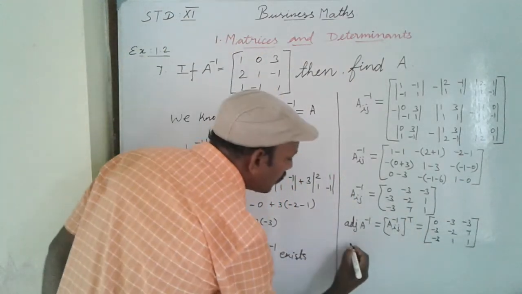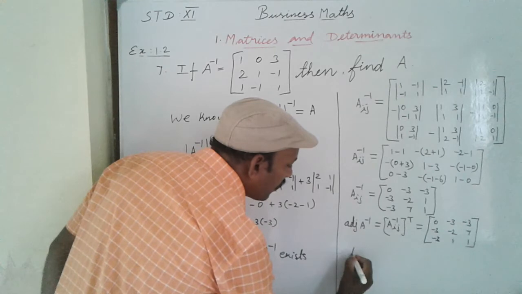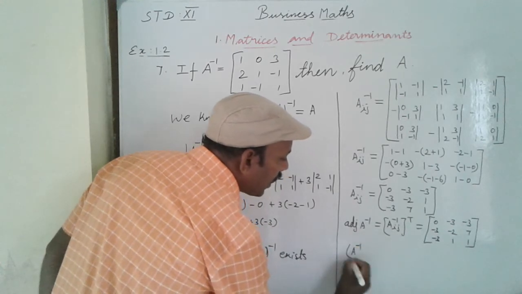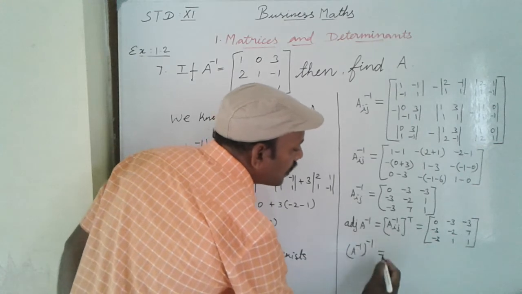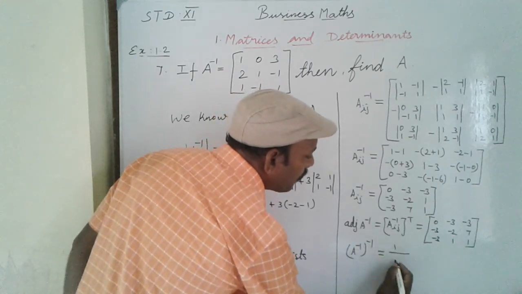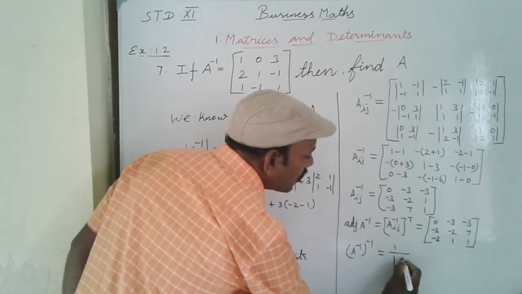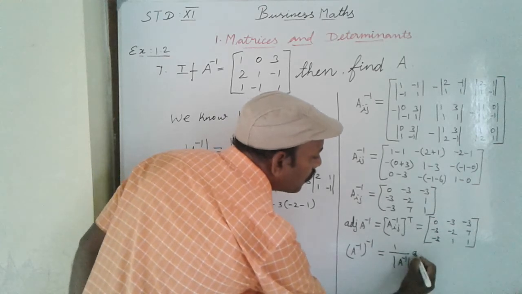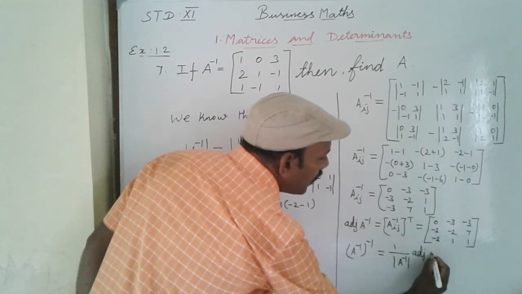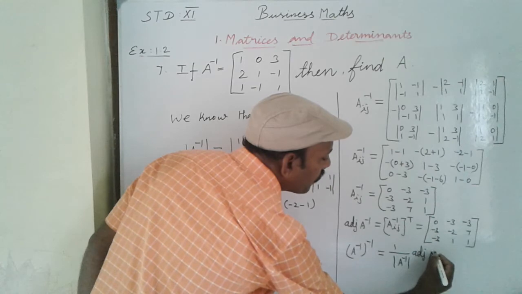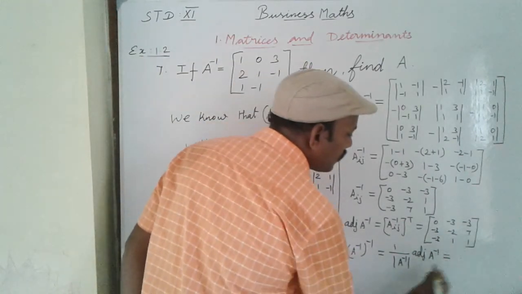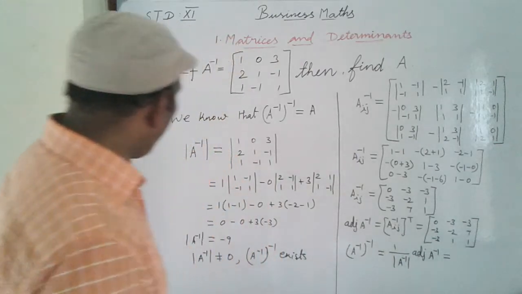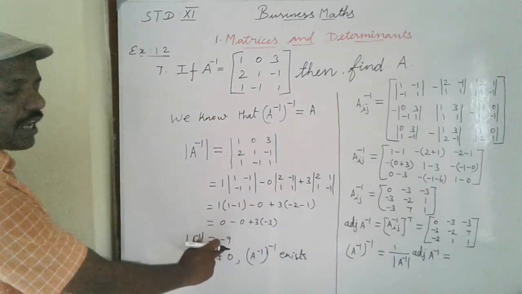We should find (A inverse) whole power inverse. We know the formula: (A inverse) whole power inverse equals 1 divided by the determinant of A inverse, into the adjoint of A inverse. That equals 1 divided by the determinant of A inverse, which we know is minus 9.